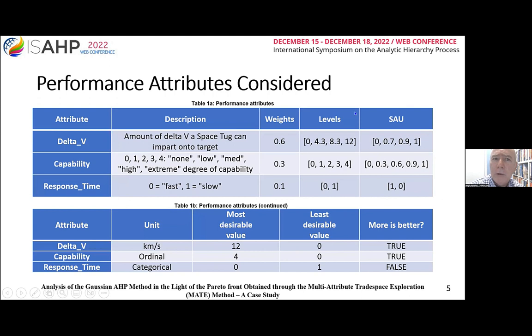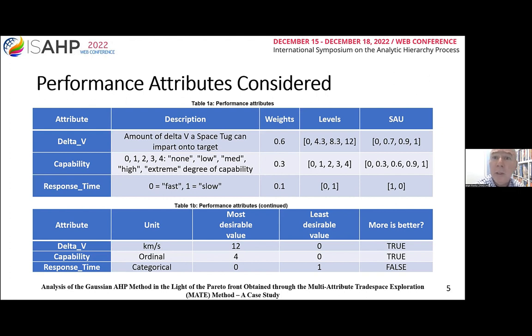So in the original case study, the group of Professor Adam Ross had the opportunity to select many performance attributes, but in the end they selected only 3 performance attributes.